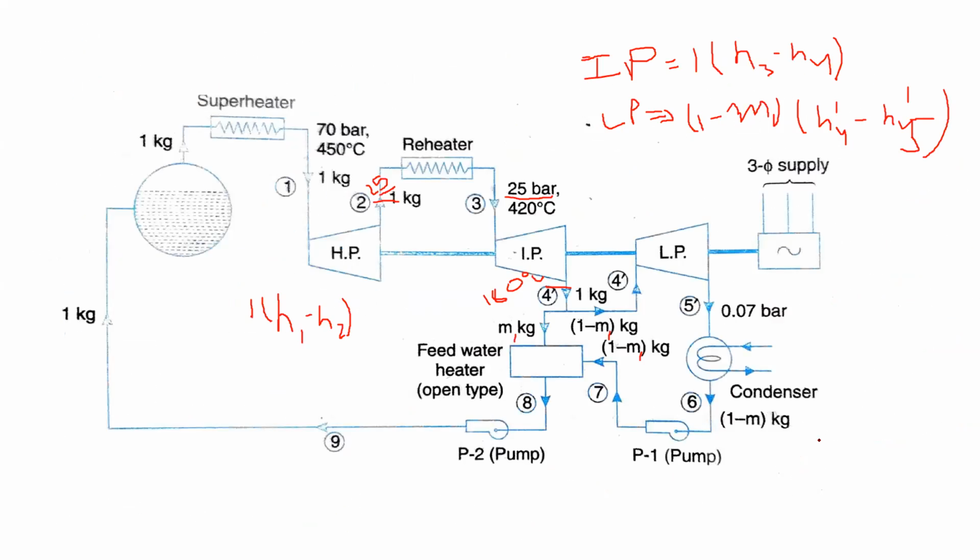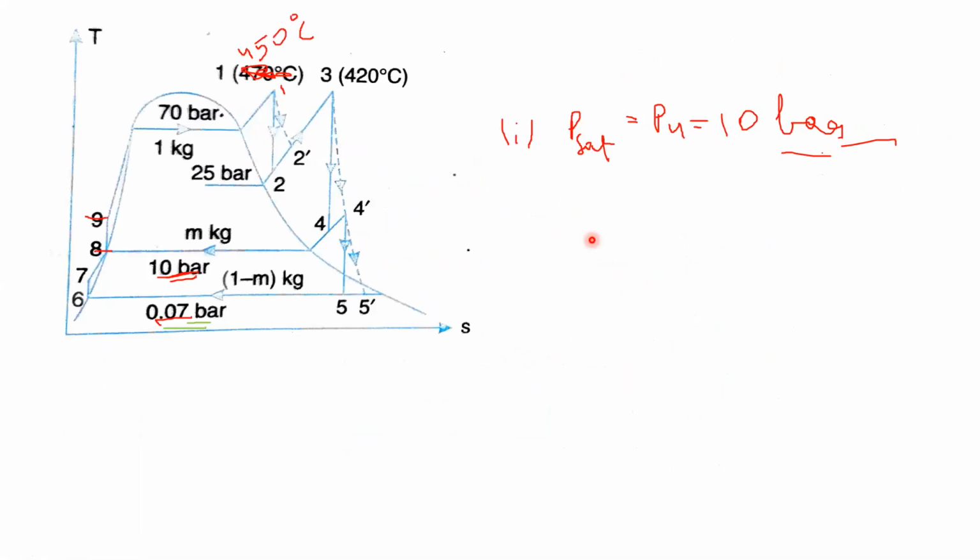This is a combination of reheating and regeneration cycle. There are three different turbines and one heater. For calculating this, first draw a schematic diagram properly, then understand the processes involved, and then draw a proper TS diagram.